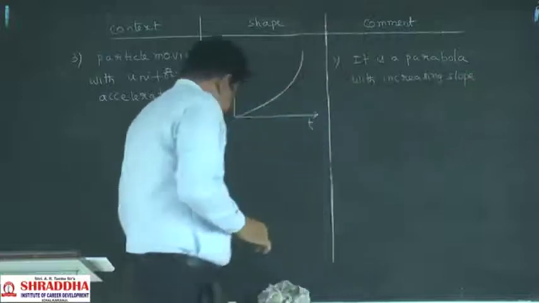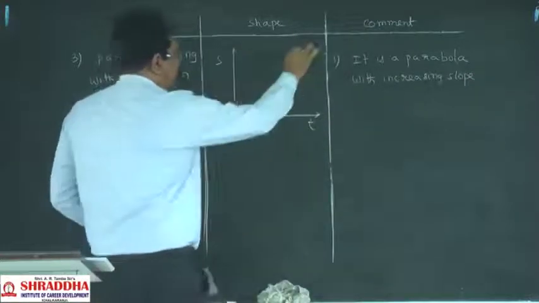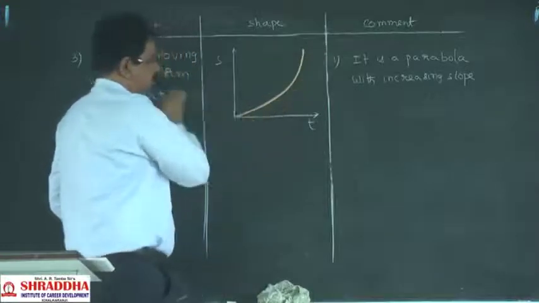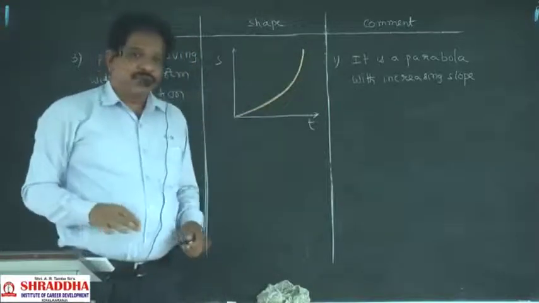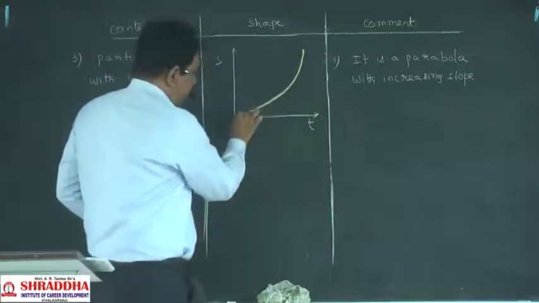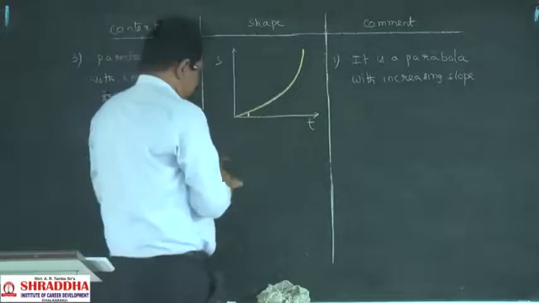What is the meaning of that? See, so this is the graph now. Slope means the angle made by it with the horizontal.